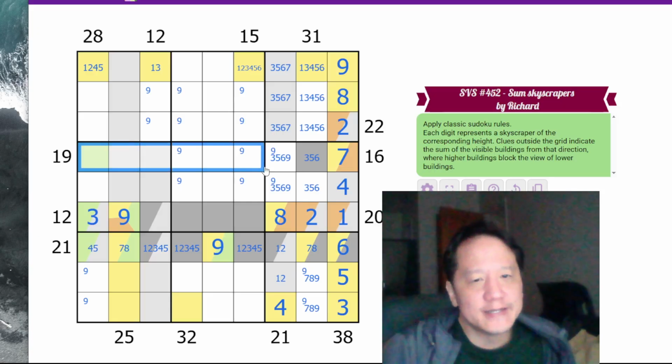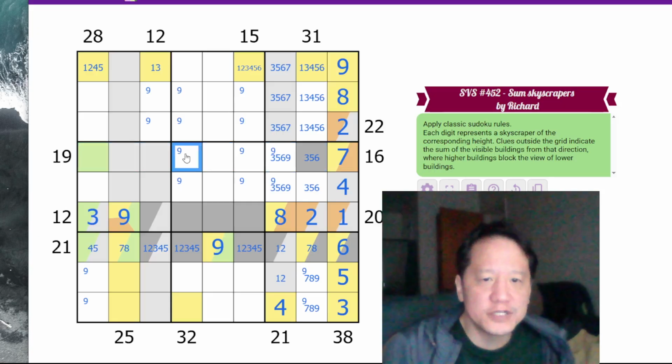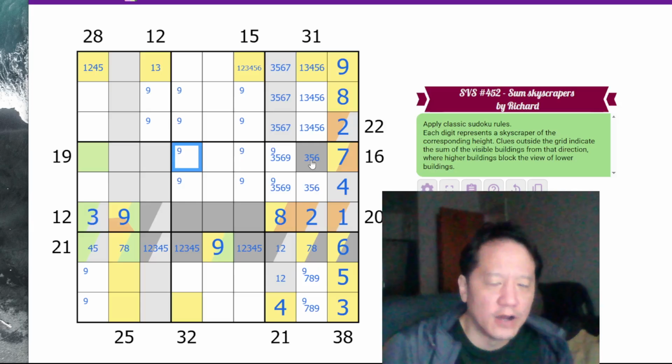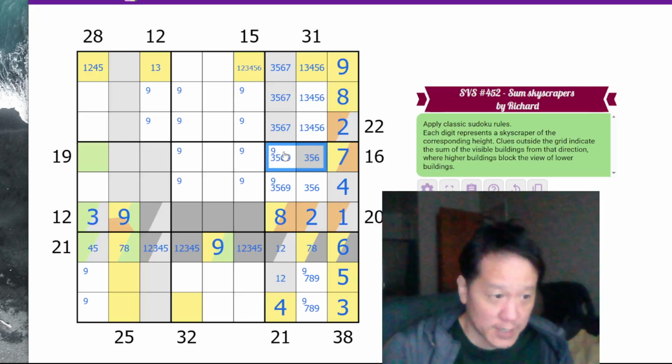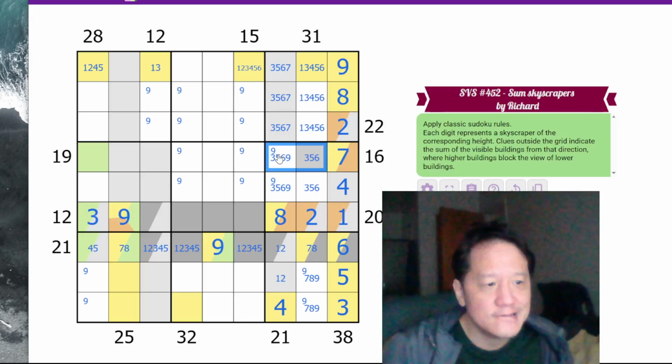This adds up to 19 this way. So if there is a 9 here, I don't think that works. Right? Because you have 7 and 9 here. Actually, this can't be 1, 2, 3, 4. Right? Because 1, 2, and 4 cannot be here. So this would just be 3 and 3, which is not allowed.